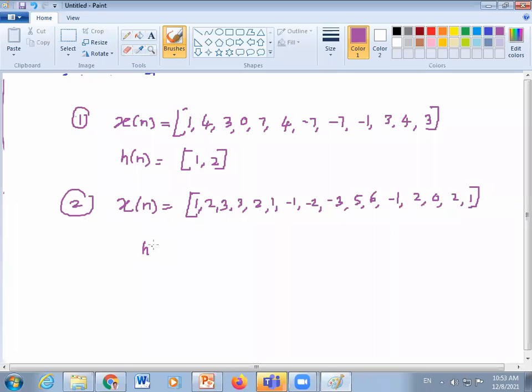The value of h of n is 3 2 1 1, and here you have been asked to solve for the 7-point value. This is to be solved with the 7-point value. The block should be of length 7.